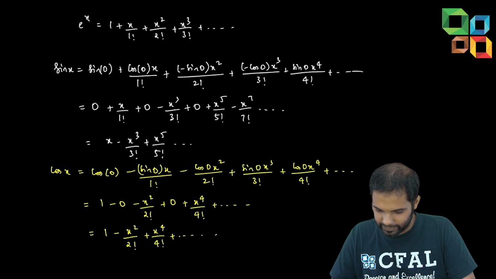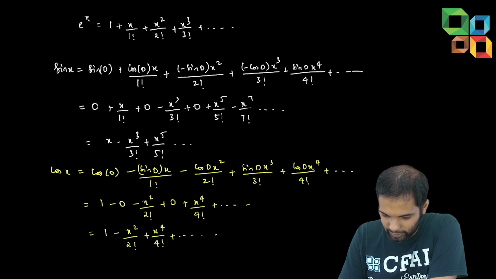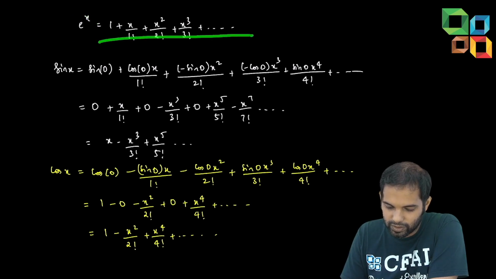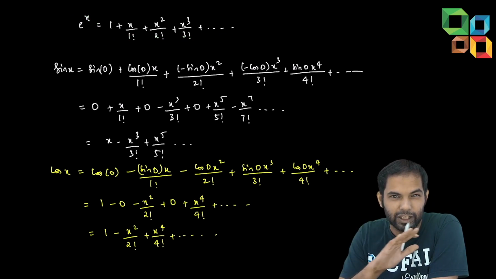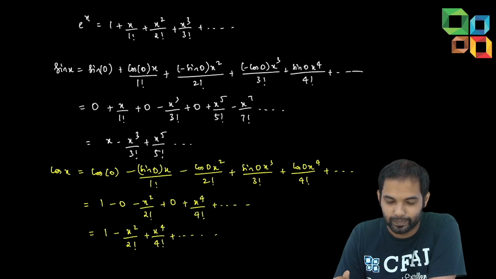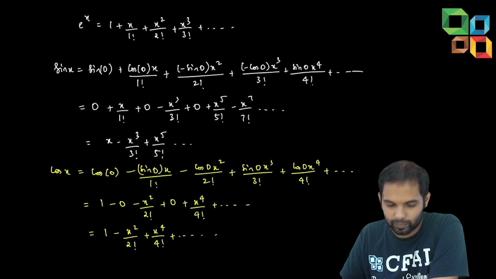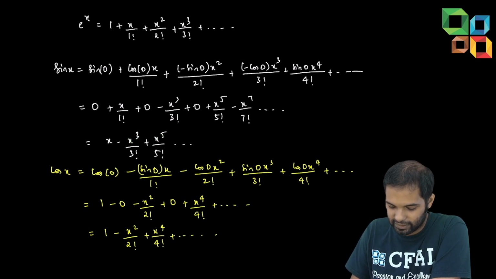Can we compare something? Look at e power x. This was a series 1, x, x square, continuous, right? Very easy to remember also. When I went to sine, I had a changing sign, but I had only odd powers: x power 1, 3, 5, and so on. What about cos x? It had only even powers.